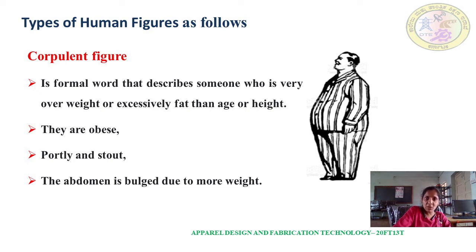Especially in these kinds of figures, there will be a heavy-weight abdomen. Excessive fatness will be there at the abdomen area especially. Just observe this figure. Observe the abdomen area. Here the weight will be more in the abdomen area.